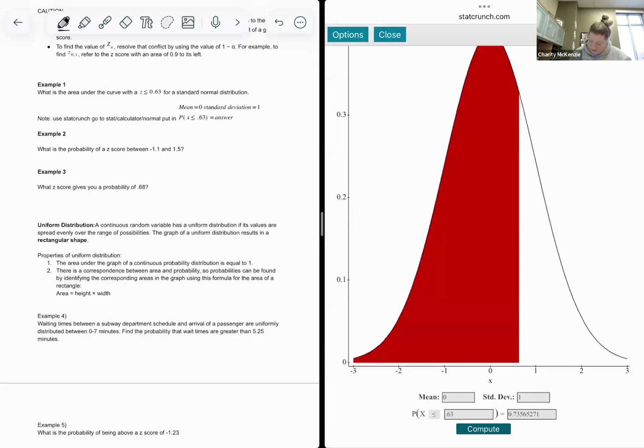You can see on the graph that the red line, when it goes down, is at about 0.63, and it's showing less than. So check that your graph is going in the right direction, that you haven't flipped the less than or greater than symbol in the wrong direction.